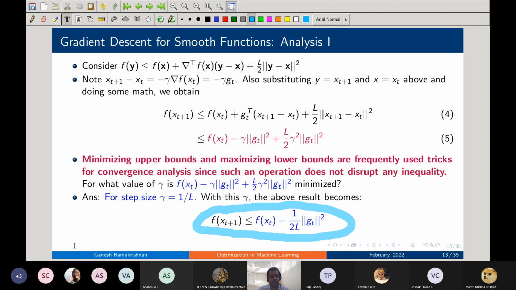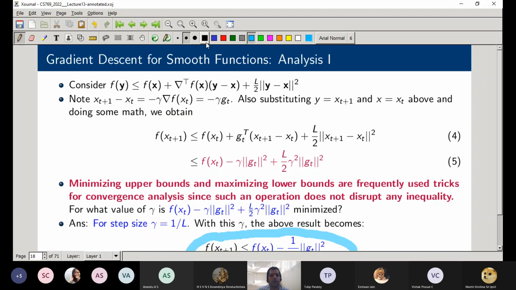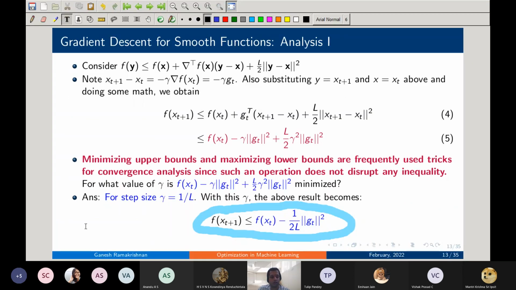So even without convexity, this holds. The assumption of L-smoothness gives some guaranteed decrease in every iteration, right?